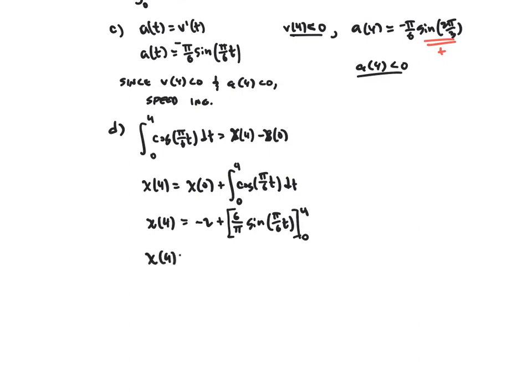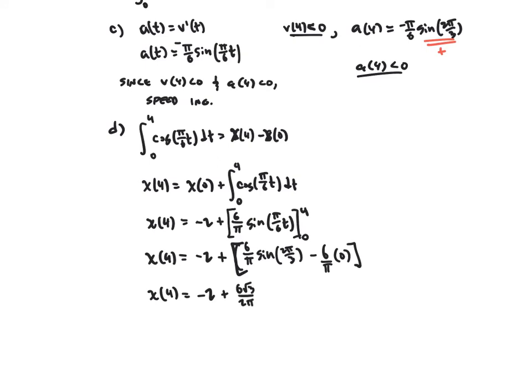Evaluating that, x of 4 is equal to -2 plus 6 over pi sine of 4 times pi over 6, which is 2 pi over 3, minus 6 over pi times 0, because the sine of 0 is 0. We can simplify this. If I'm not using a calculator, I would leave it in exact form. That'd be 6 over pi times square root of 3 over 2, so 6 root 3 over 2 pi. There's your position at time t equals 4.